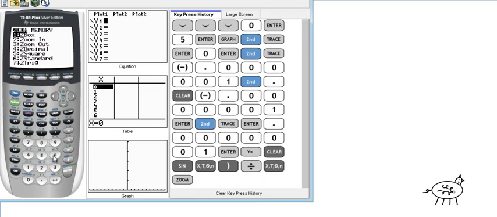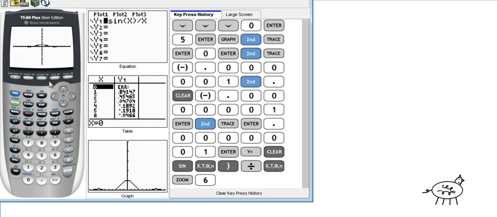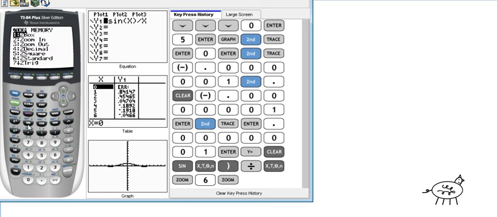And let's zoom 6. So here it is, right? Let's zoom in a little bit more. You can see it on the picture below here. But if I zoom in a little bit more here, there we go. Okay, that's a better picture. So what happens when x or theta goes to 0? Well, it doesn't. It appears it's going to 1.